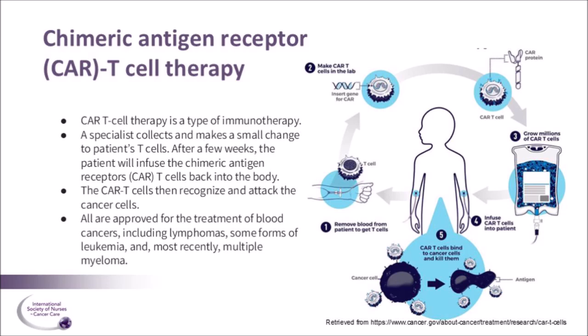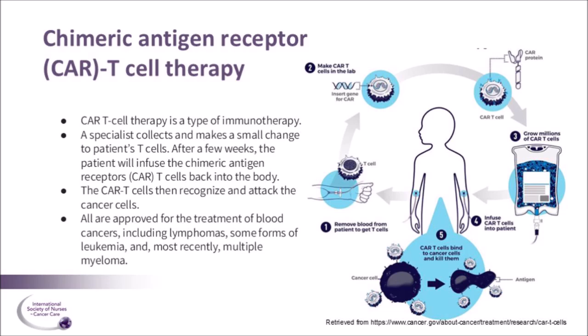It is also a possible treatment for adults with relapsed or refractory diffuse large B-cell lymphoma, DLBCL, primary mediastinal large B-cell lymphoma, PMBCL, mantle cell lymphoma, MCL, and, most recently, multiple myeloma. People with other types of cancer might have it as part of a clinical trial.